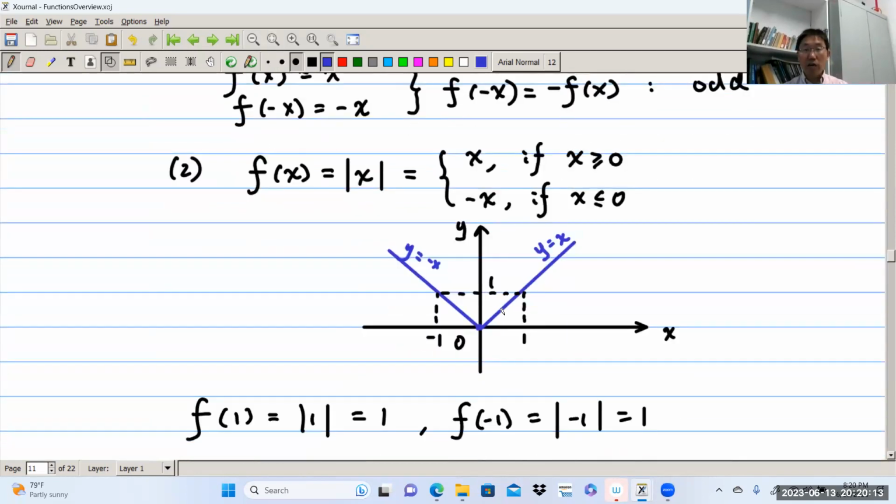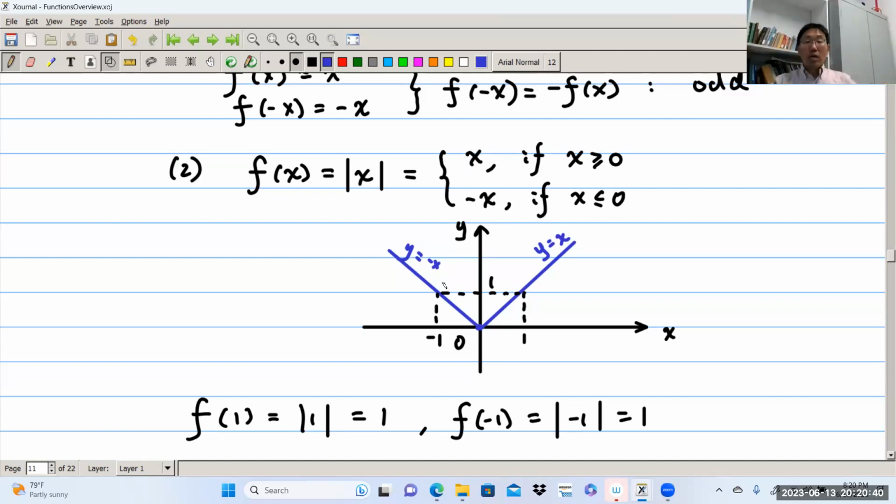Now, can you sketch the graph of this function? I think you learned this in Algebra 2. This is called the absolute value function. When x is non-negative, the graph is the line y equals x, positive slope, slope 1. But if x is negative, then f of x is negative x, so it's a line with -1 as the slope. So you get this V shape.